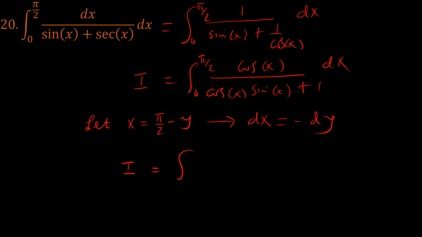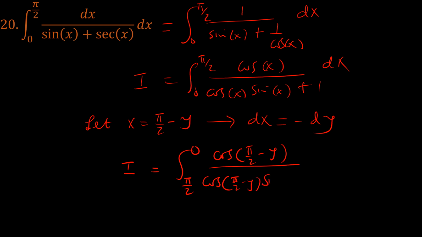So when x equals 0, this becomes pi over 2. When x equals pi over 2, this becomes 0. And then we have cosine of pi over 2 minus y over cosine of pi over 2 minus y times sine of pi over 2 minus y plus 1, negative dy.